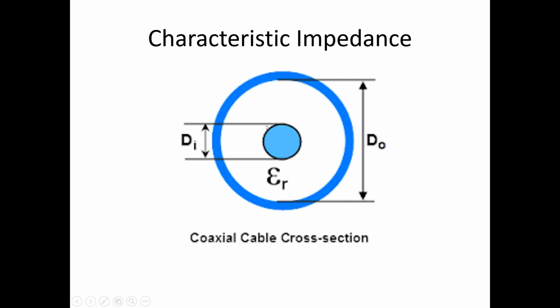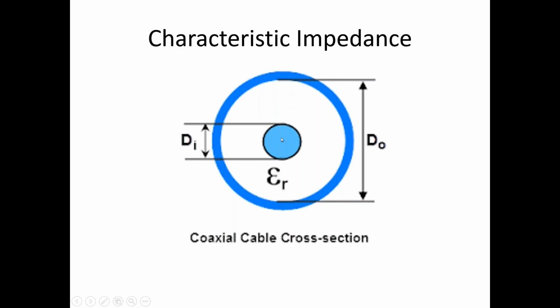How do we know the characteristic impedance? It's a relationship between the outer part of the inner conductor and the inner part of the outer conductor.